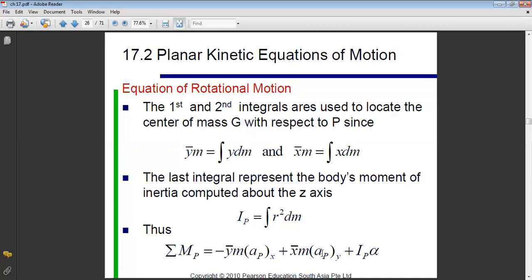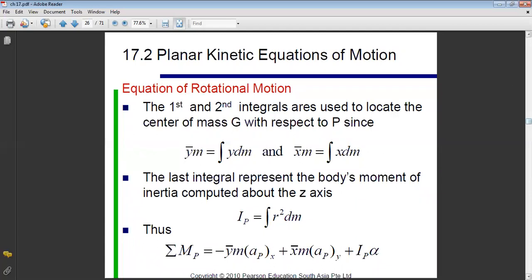V is 0 and A is 0. So when P is fixed, APX is 0 and APY is 0. So sum of moment about a fixed point is equal only to IP alpha. This is why in case of rotation about a fixed axis passing by O, I can say that sum of moment about O is equal to IO times alpha.